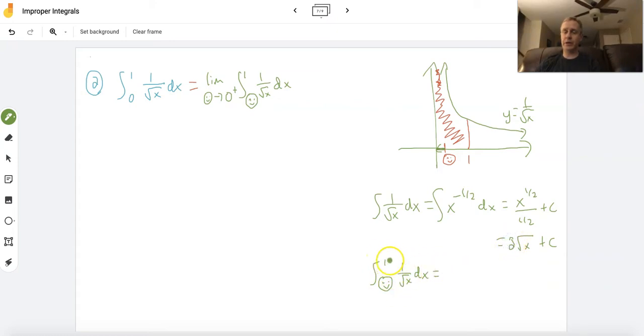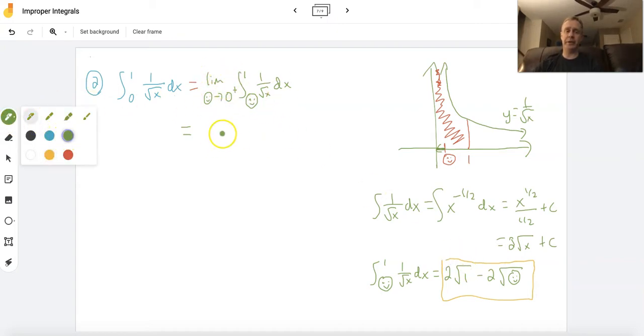Now I'm going to use this particular antiderivative to help evaluate our definite integral. So we plug 1 first into our antiderivative, so we'll have 2 square root of 1, and then we'll subtract from that 2 square root of Mr. Smiley Face. Since this is the value of our definite integral, I'll use that to help us ultimately evaluate that limit expression.